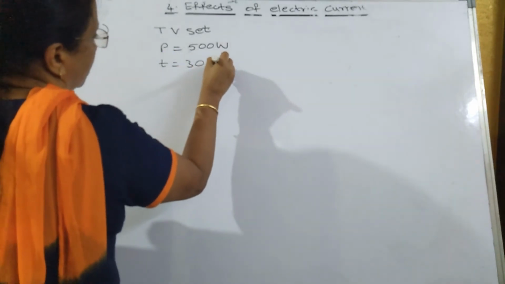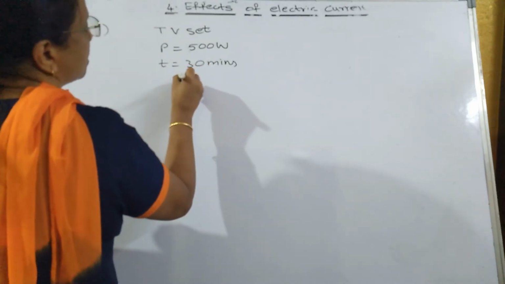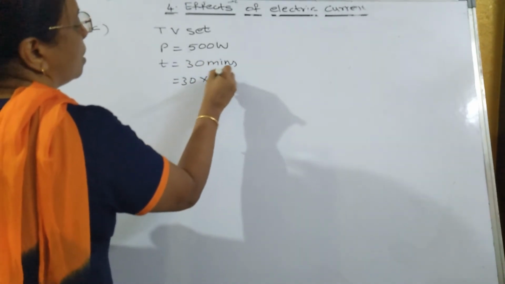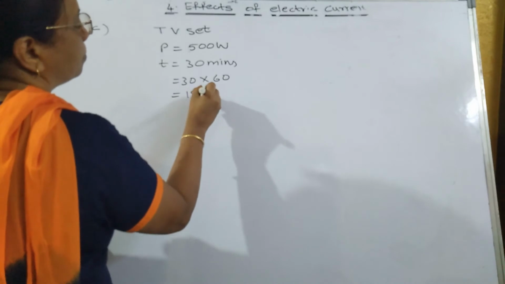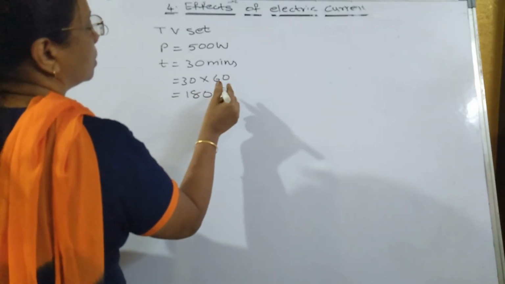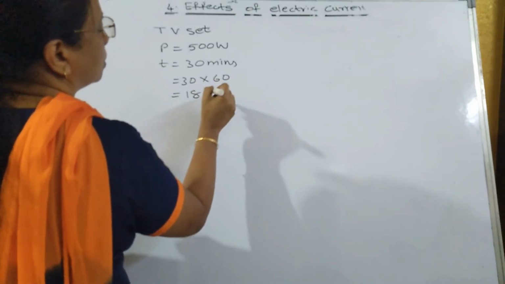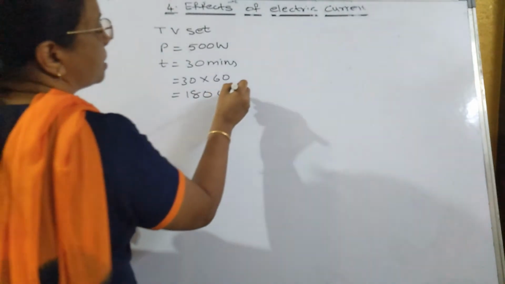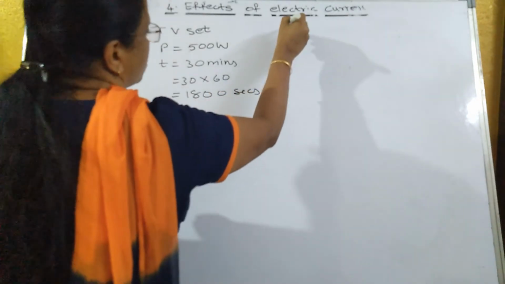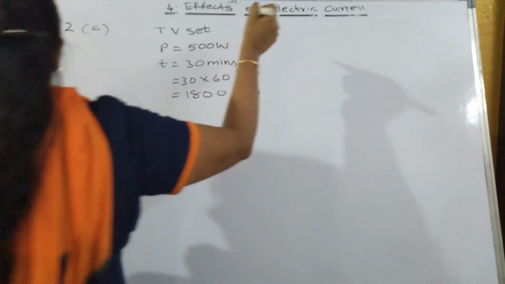So T is equal to 30 minutes. Convert this into second. That is 30 into 60, that's equal to 1800 seconds. Now next one, heater.